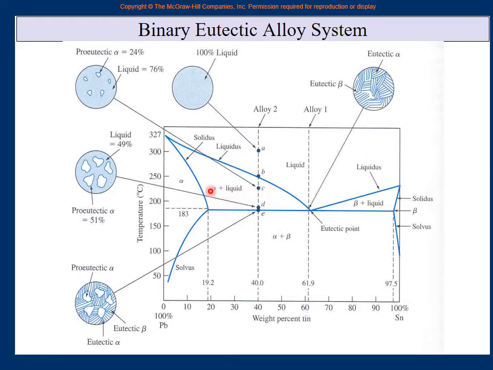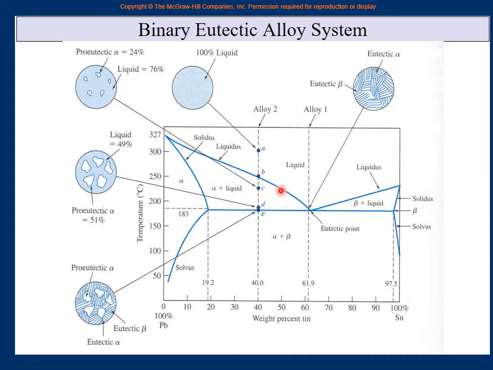For the second answer, you draw a tie line here, see where it cuts the liquid, find the composition, and where it cuts the solid, find the composition. So the second answer is: what is the composition of the solid phase, and what is the composition of the liquid phase? Note down those values. For the third part, you draw the same tie line as your lever rule.